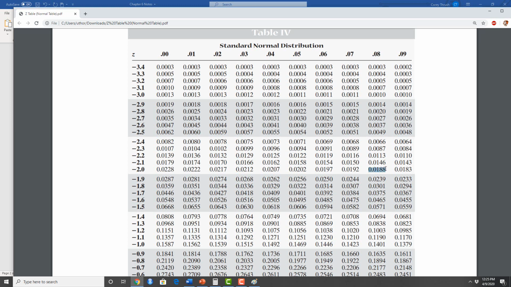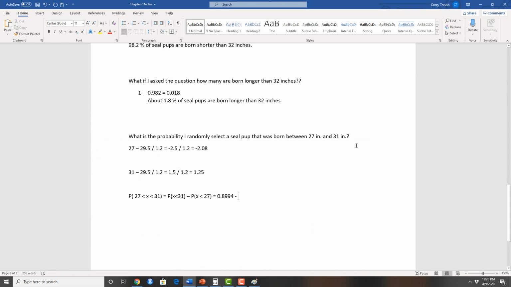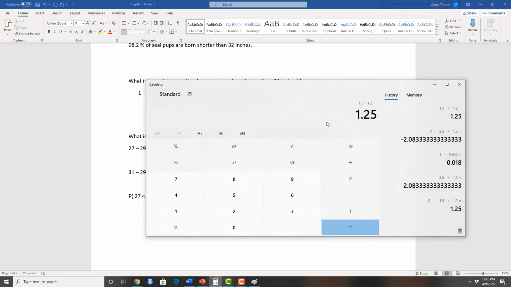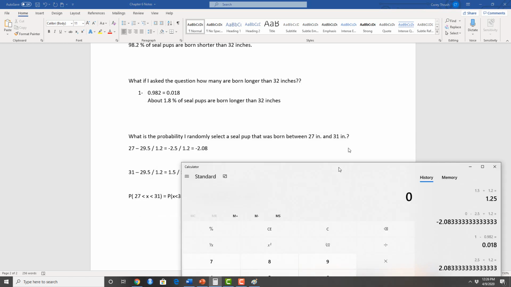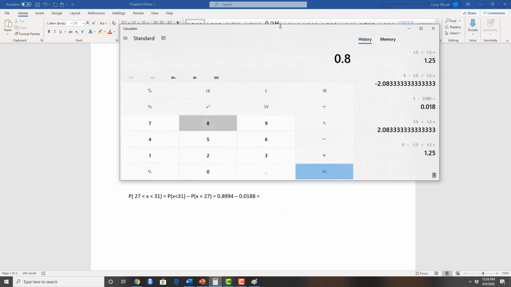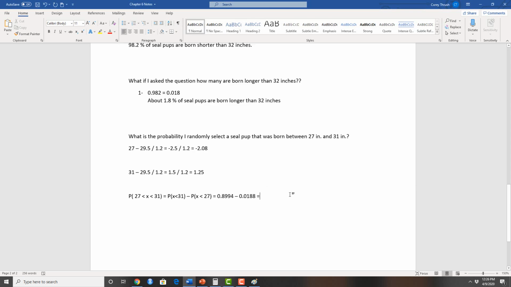And that's this, 0.0188. Using our calculator, we can find out that 0.8944 minus 0.0188, well, that's just equal to 0.8806.